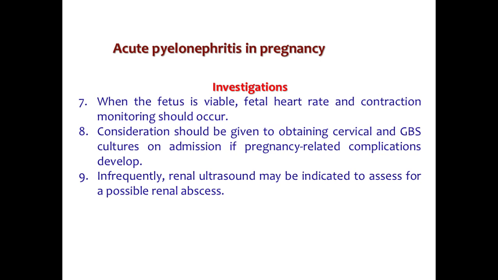The only treatment of renal abscess is drainage, and this drainage may be done through ultrasound-guided insertion of a pigtail in the abscess, which is an ultrasound-directed nephrostomy. We cannot manage this patient without drainage of the renal abscess.